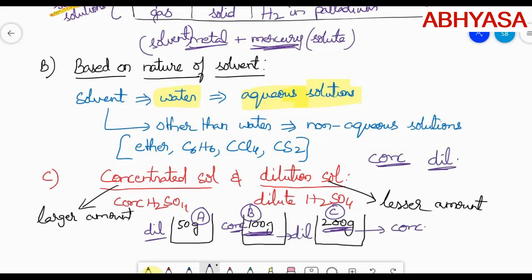So when we compare all three, A, B and C, this one has the largest amount of solute, so it becomes the concentrated solution, and this one becomes the very dilute solution, and B is not that dilute as A and not that concentrated as C. Is the difference between concentrated solution and dilute solution clear?